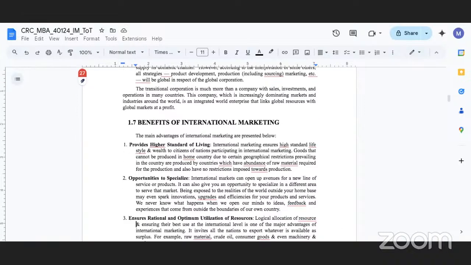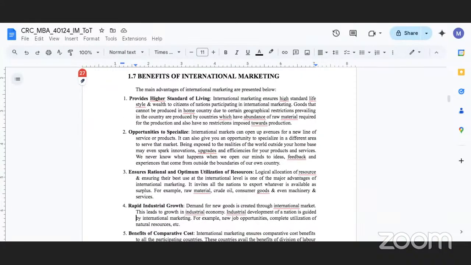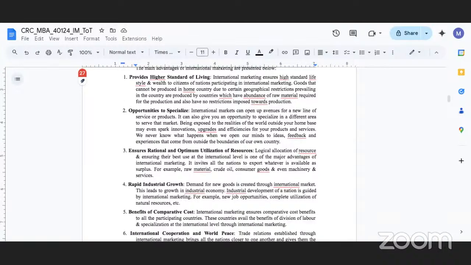Now, let us talk in terms of the benefits of international marketing. The main advantage of international marketing is, number one, it provides a higher standard of living. Number two, there's an opportunity to specialize or spark innovations, upgrades, and efficiencies for products or services based on the ideas, feedback, or experiences that we face outside the boundaries of our home country. The third one is ensuring rational and optimum utilization of resources.